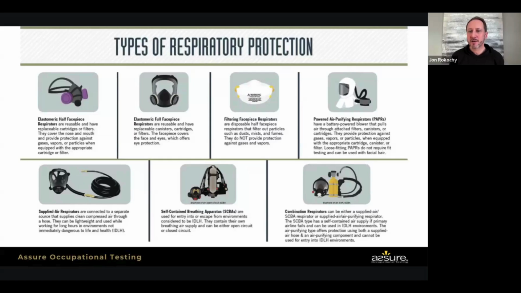Then there are the powered air purifying respirators, which provide air continually; a fit test does not need to be completed with these, and they can be used with facial hair. So those are a little different. Supplied air, so SCBA, would be the next ones illustrated there, actually being connected, whether to a continuous supply or to a pack.